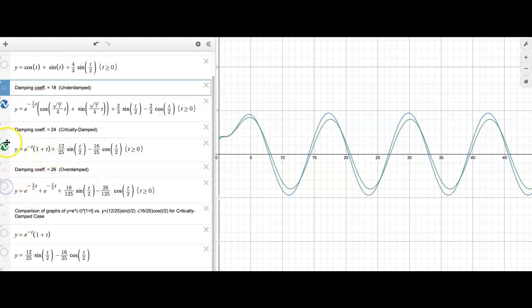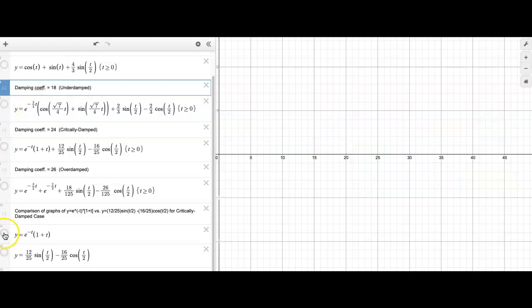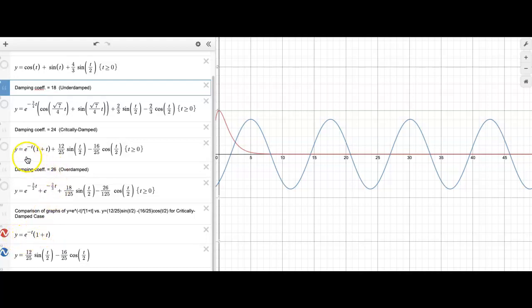So I'm going to cut these two on here, and we see that our red function here, which is this first big term in our critically damped response, is acting exponential.